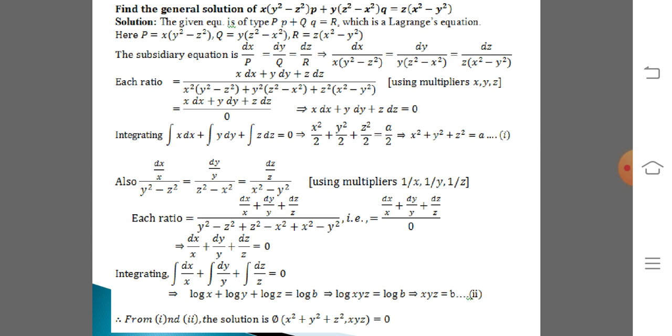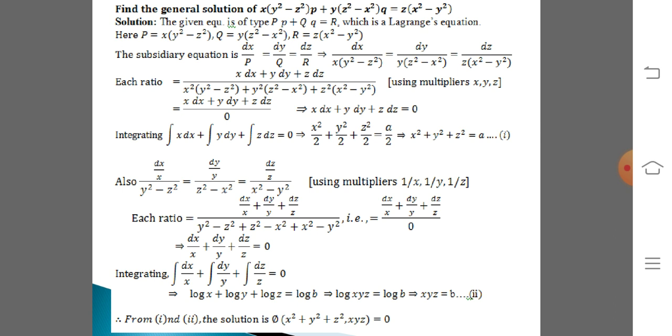Okay, so we want to find 3 numbers or variables like L, M, N in such a way that while multiplying those values with the numerators, we should get 0 in the denominator. Okay, after simplification, the denominator should become 0.